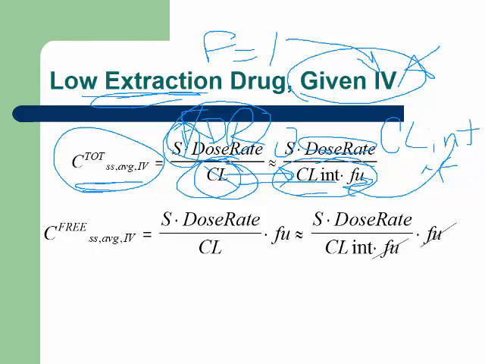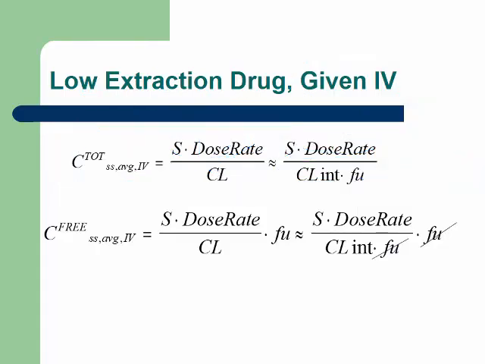So if there were a decrease in intrinsic clearance, that would cause a decrease in our clearance, which would increase our total concentration if given IV. So now you start to see the utility of this, right? Also, what if we have a drug that comes along and bounces our drug off its protein binding site?